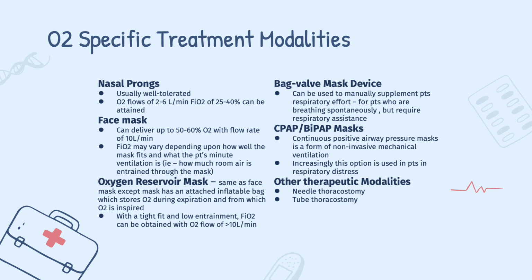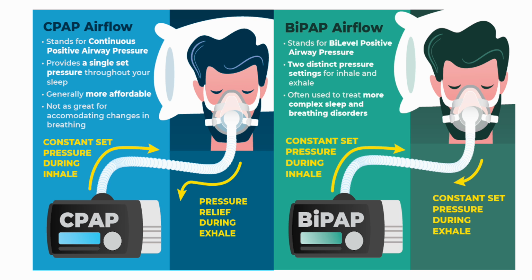When you intubate a patient, you're going to have to sedate them and paralyze them, and that comes with another slew of problems. So if you can treat the underlying condition quickly enough and avoid intubation, that's really your plan. And here we just have a picture outlining the differences between CPAP and BiPAP. A lot of ICUs and Emerge departments are trying to use this as first line if they can, to avoid intubation.